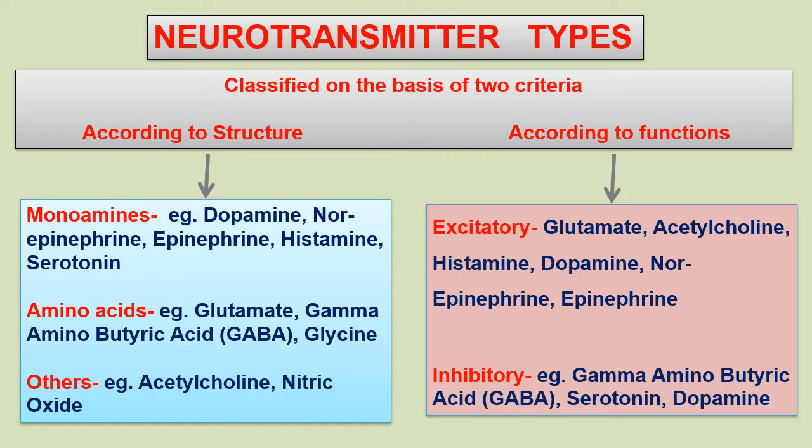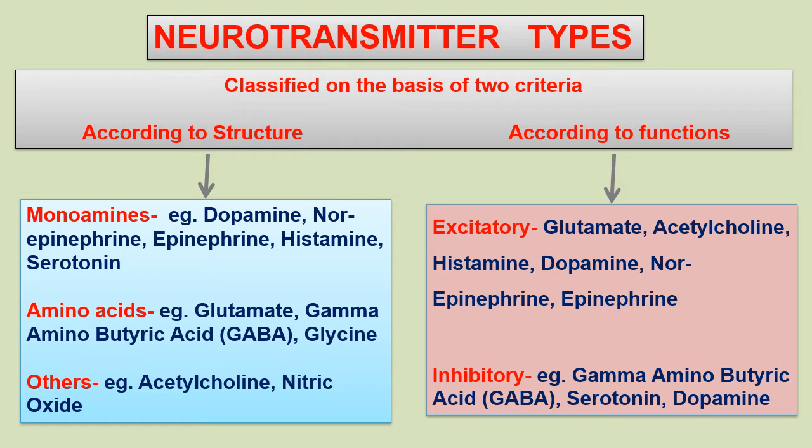Let us have a look at the types of neurotransmitters involved in the transmission of nerve impulses at various regions of the body. Neurotransmitters can be classified on the basis of two criteria. Number one is on the basis of structure. Neurotransmitters are divided into three categories. The first one is monoamines.